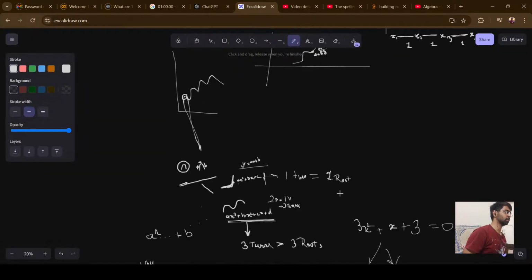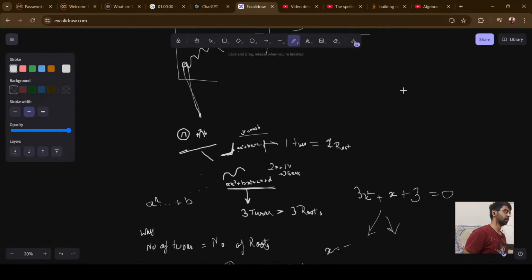Okay, so I do get to know that, let's say if this is a parabola, finding roots of a parabola means finding the value of x where the value of y is 0.